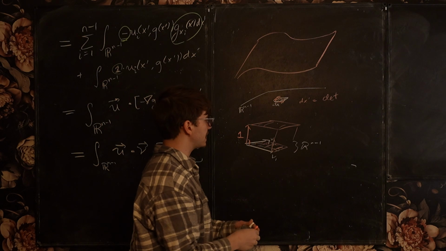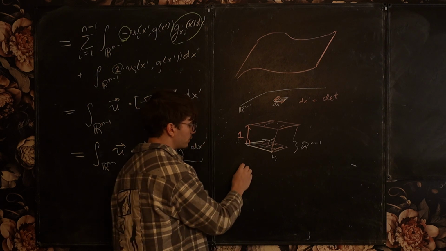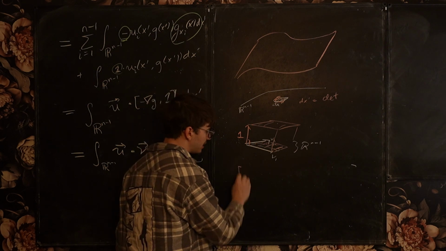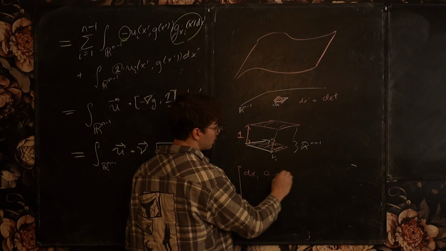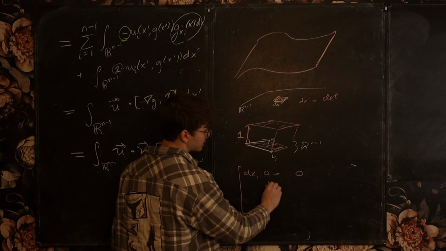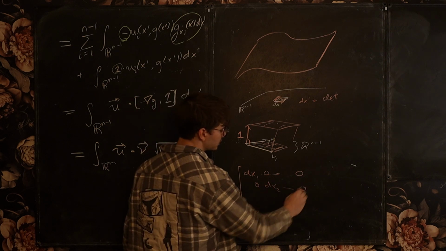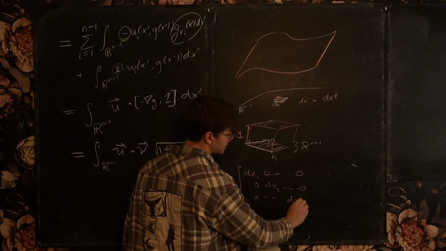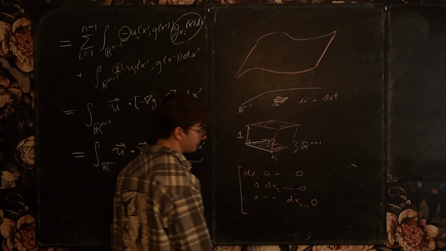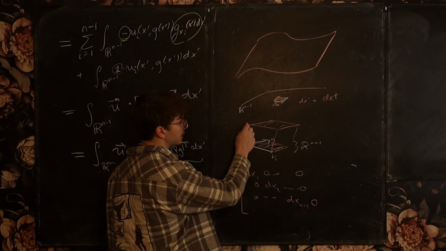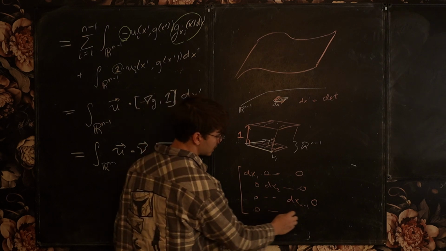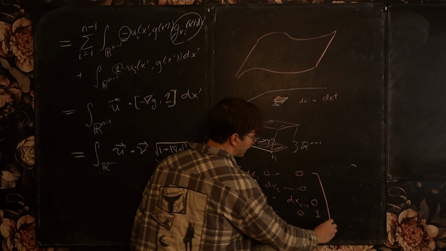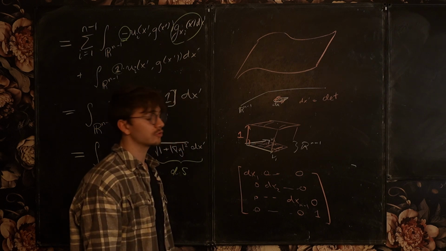So I start with the base, which is spanned by these vectors dx1, 0 all the way through zeros, and then dx2, etc., up to dxn minus 1, 0. And then the final vector is going to be orthogonal to these n minus 1 vectors. Well, that's just the unit vector in the xn direction.